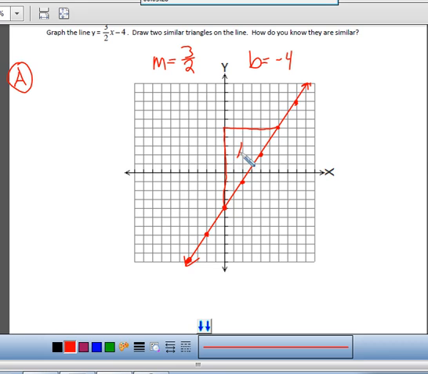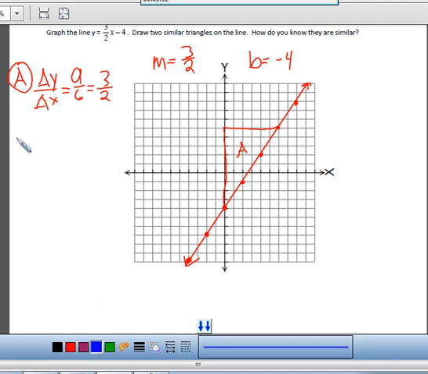This is my triangle A. So the change in y over the change in x is going up 9 and over 6, but that simplifies, if I divide the top and the bottom by 3, to 3 over 2. So the slope for this triangle is 3 over 2.